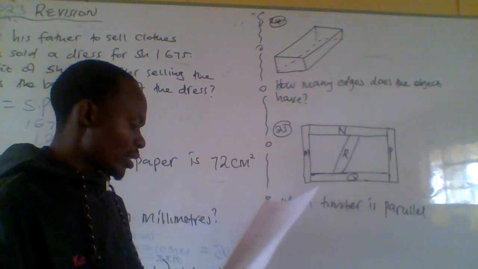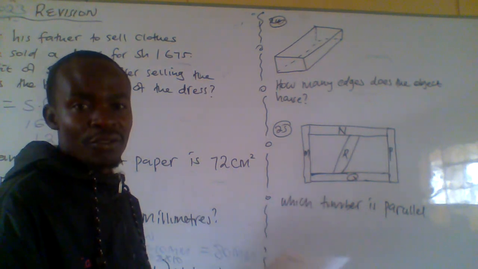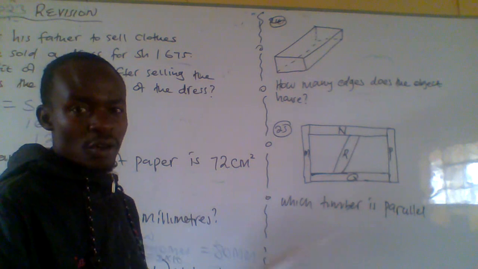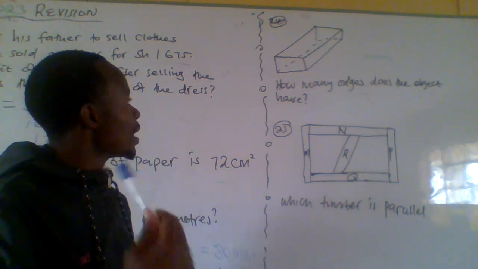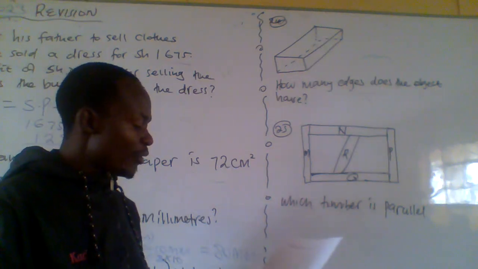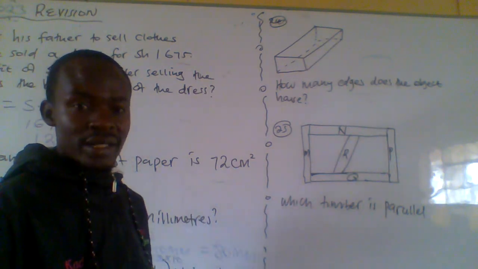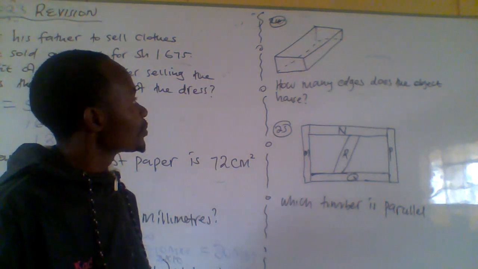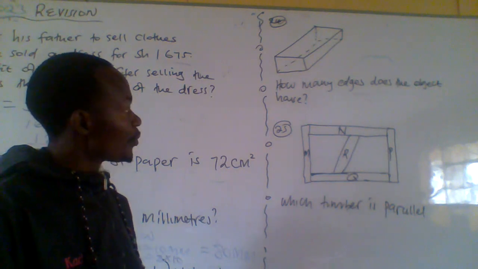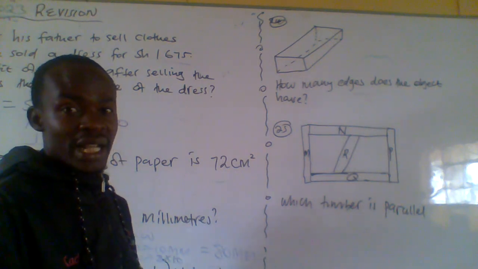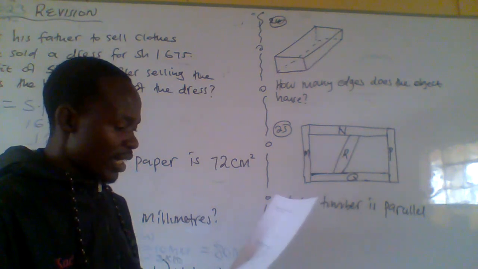The question is, how many edges does the object have? Remember, we have edges, vertices and faces on any 3D object. The question is very direct. They are asking us about edges.